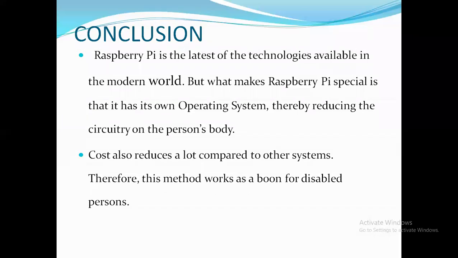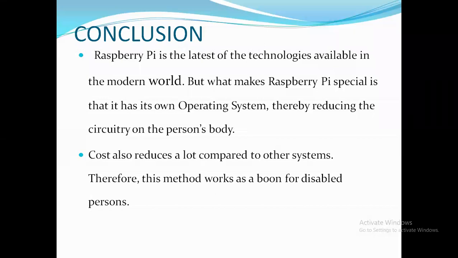So the conclusion is, since we are using Raspberry Pi, as I told earlier, it is one of the latest technologies available in the modern world, so we have made use of it. What is special about Raspberry Pi? Why are we using this? Because it has its own operating system, thereby reducing the circuitry on the person's body.